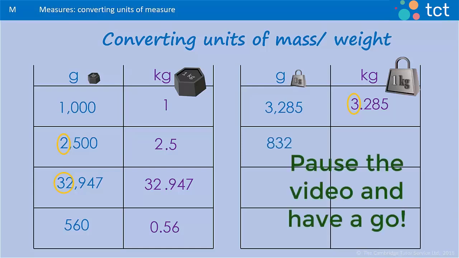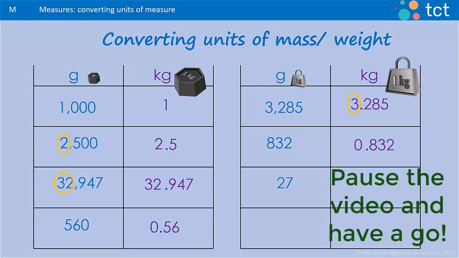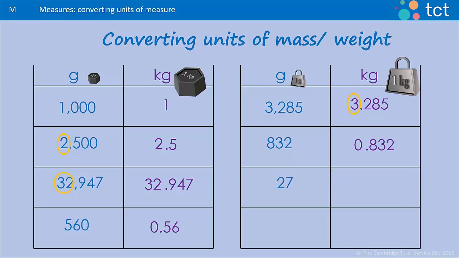If we have 832 grams, that's not quite 1,000, so it's going to be less than a whole kilogram. So there's no whole kilograms, but there's 0.832 of a kilogram, because that's the odd 832 grams. If you have 27 grams, this is going to be an even smaller number.